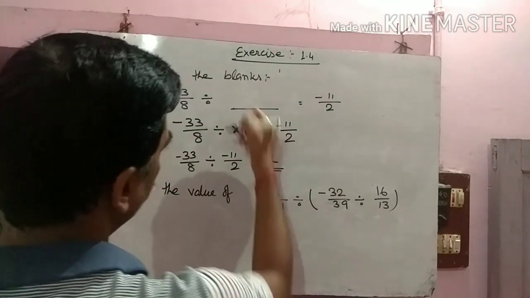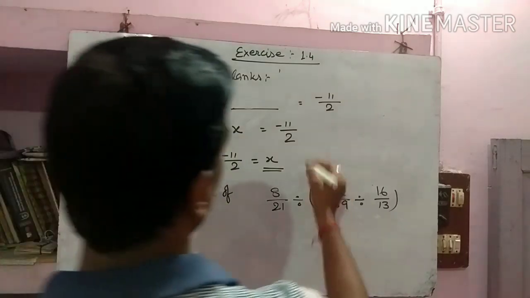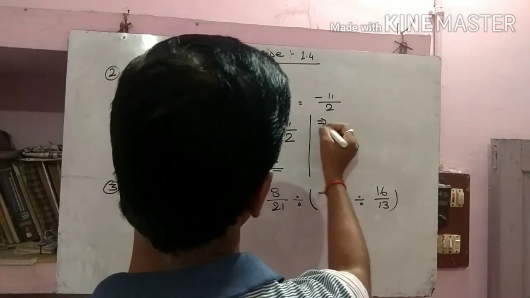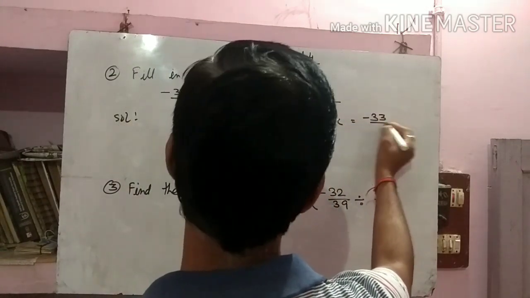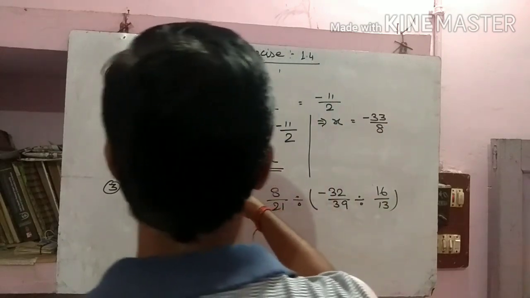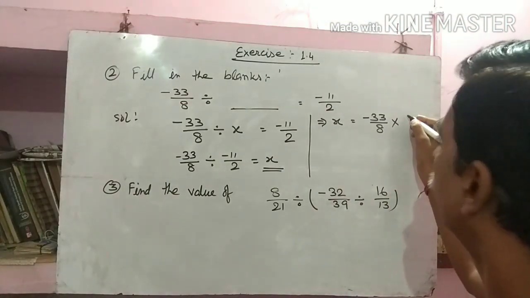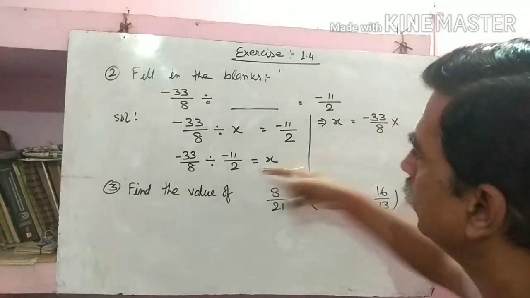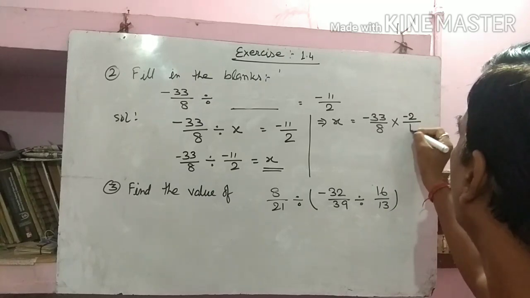X means the place which is vacant, or the value which we want to know. So x is equal to minus 33 by 8, and if we convert that into the sign of multiplication, you will get the reciprocal of the number, which is minus 2 by 11.